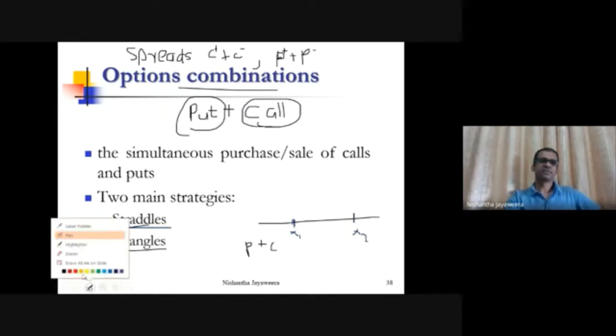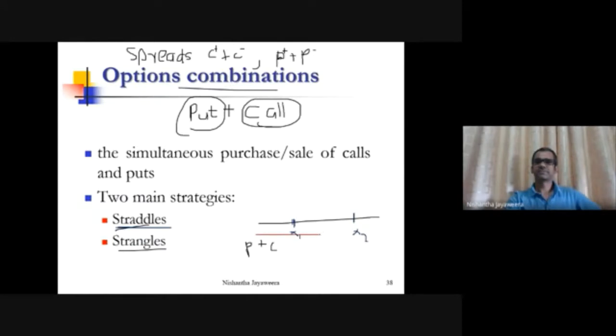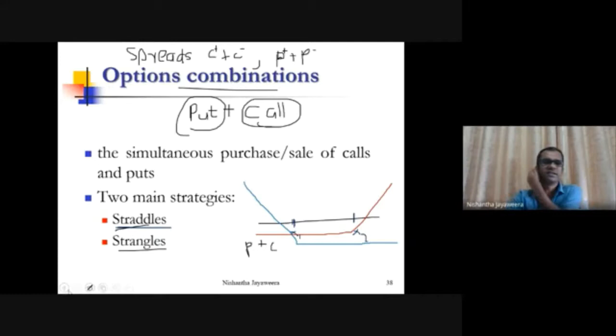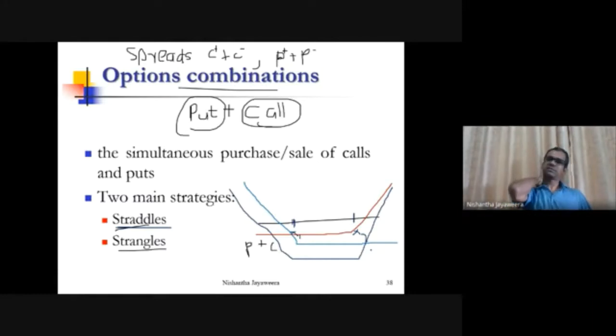Then the payoffs would be something like this, and something like this. Then the net impact would be up to this one. This is the shape.